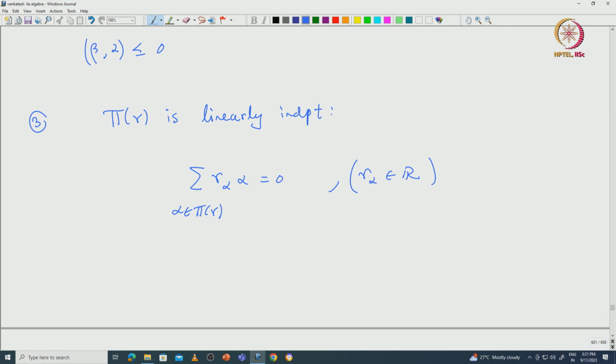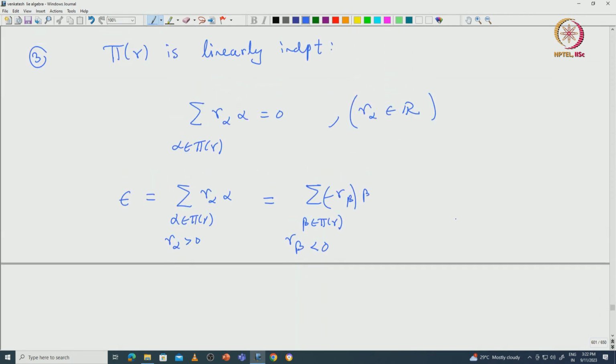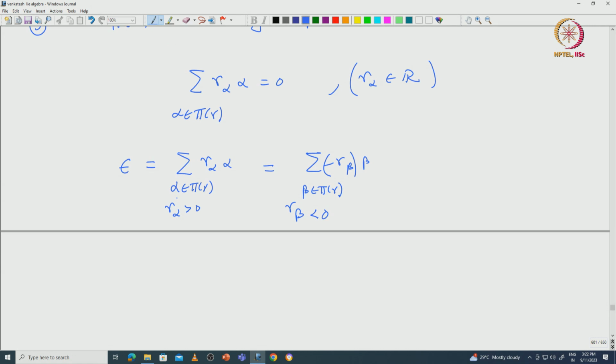Now you can see that by separating positive and negative terms, we can write epsilon equal to the sum of r alpha alpha over all alpha in pi of gamma such that r alpha is positive, which is the same as the sum of minus r beta beta, where beta runs over all of pi of gamma such that r beta is negative.